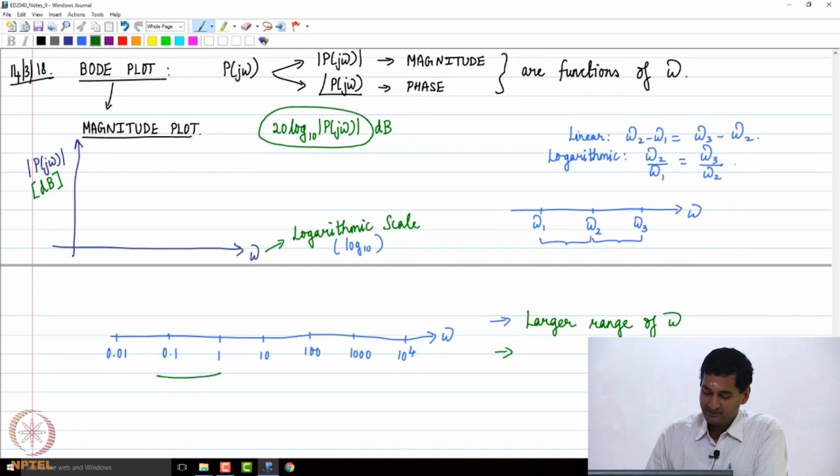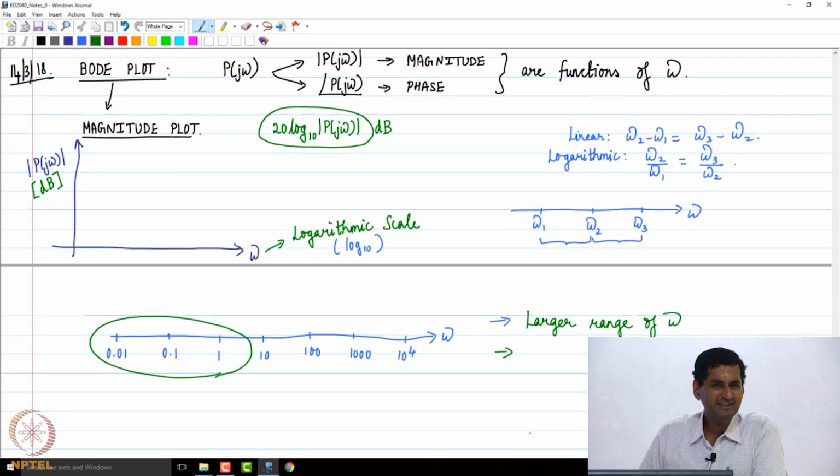You can also expand the low frequency range. By and large, in many practical applications, you will see that the low frequency range is of equal importance as the high frequency. See, for example, if you use a linear scale where 1 unit is 1 radian per second, you go from 0, 1, 2, 3 and so on, right.